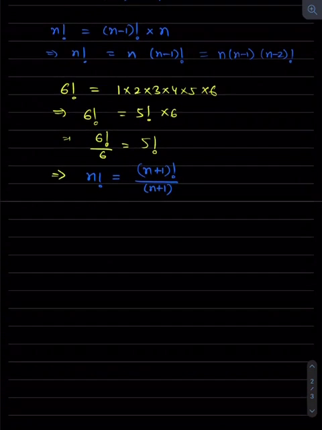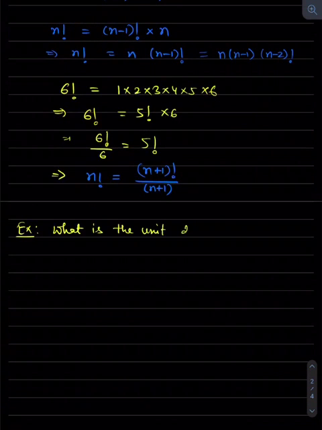Few examples. So first one, what is the unit digit of sigma r factorial, r is from 1 to 15?